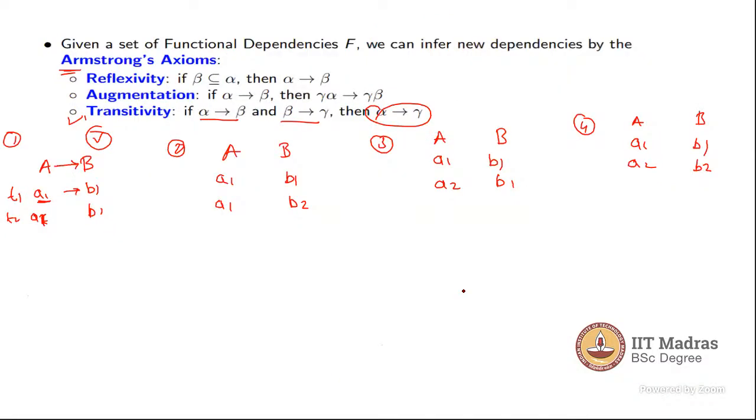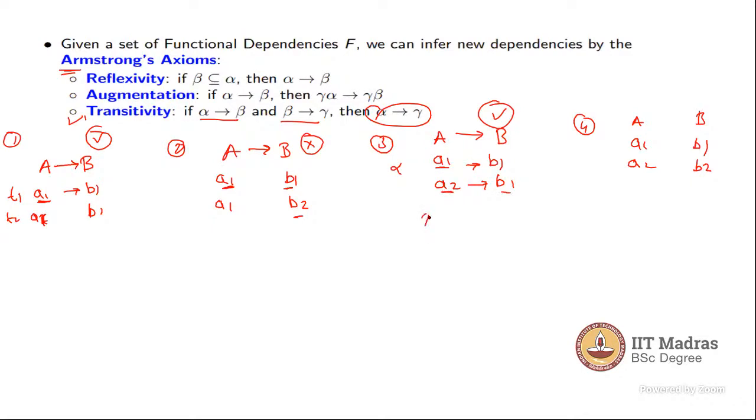Now the second condition: A1 is determining B1 and A1 is determining B2. In this case, the functional dependency does not hold true, because A1 is determining both B1 and B2. Now here A1 is determining B1 and A2 is also determining B1. So this functional dependency holds true, because A1 is uniquely determining B1 and A2 is also uniquely determining B1.